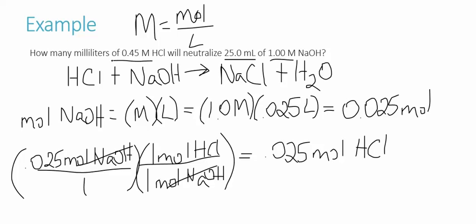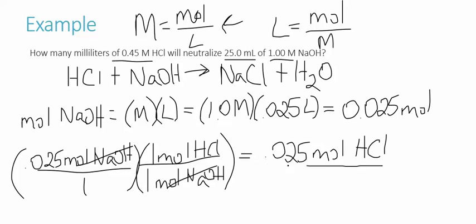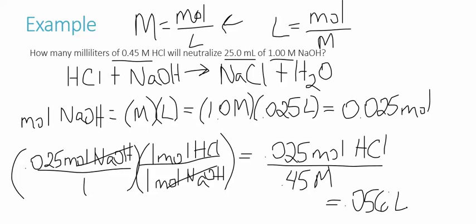I know the concentration of HCl. I'm looking for the volume. If I go back to my molarity equation, if I want to find the volume, I'm going to take the moles divided by the molarity. So take the moles of HCl divided by the concentration, 0.45 molar, and that's going to give me the liters of the HCl. So 0.056 liters of the HCl.